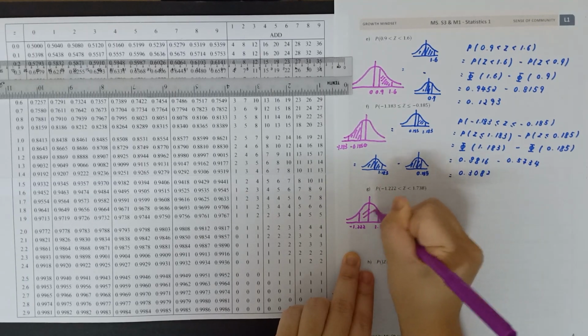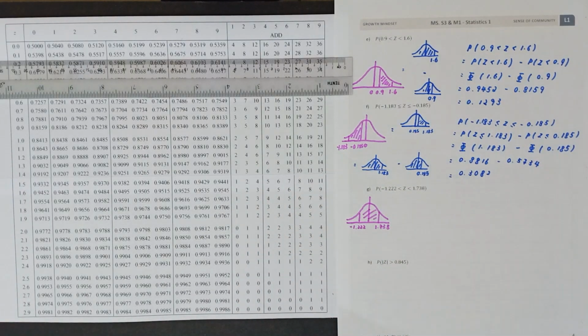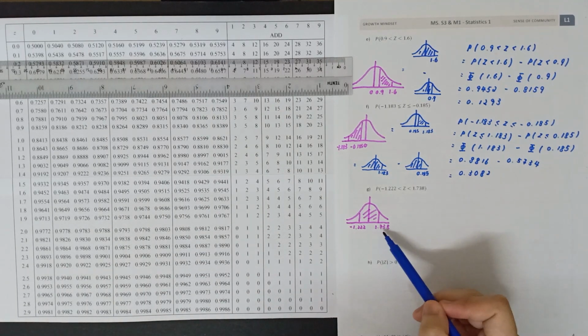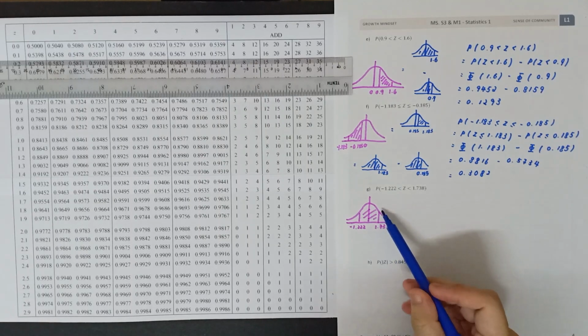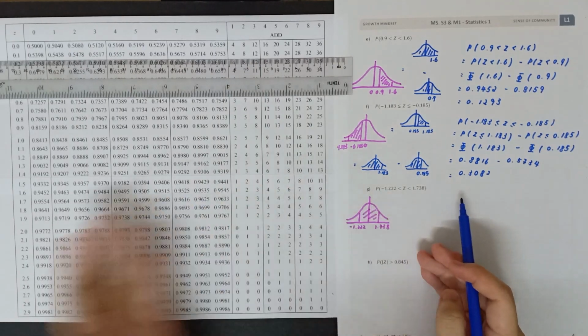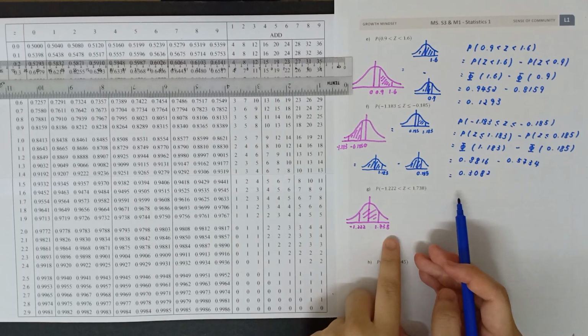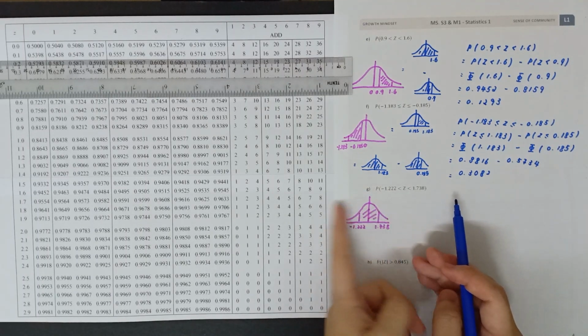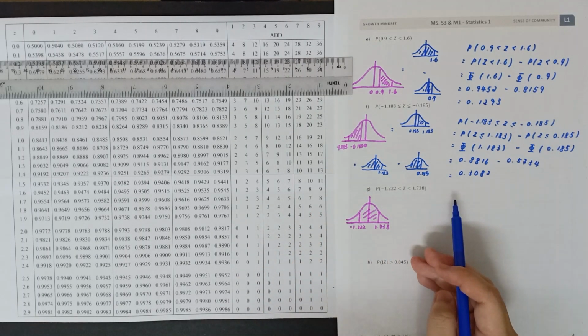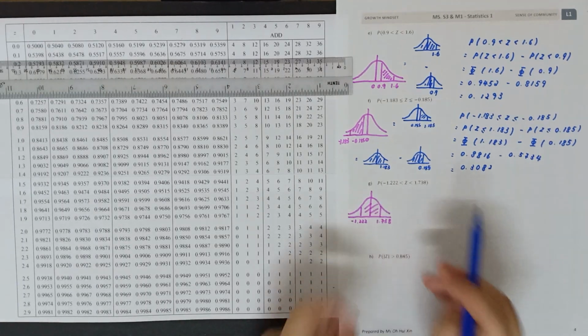I'm going to shade in the middle. So how do I find that? One very obvious thing that is very easy for you to find is the number here. Since the region that you want is basically smaller than 1.738, you can straight away find the area under 1.738 already. But the problem is with the negative one. Then what do you need to do?